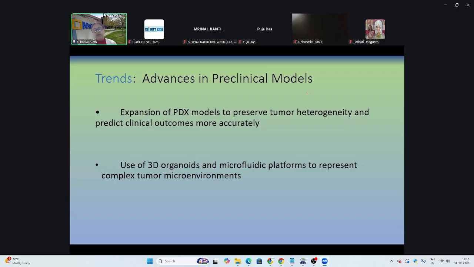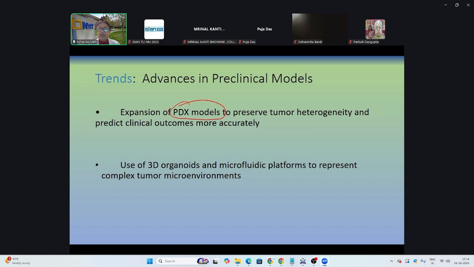And with that, we now come to the talk of the day, which is advances in the preclinical models. Again, we're looking at recent trends and opportunities. So what have we done? Expansion of the patient-derived models. Patient-derived means cancer cells from the patient injected into the mice.